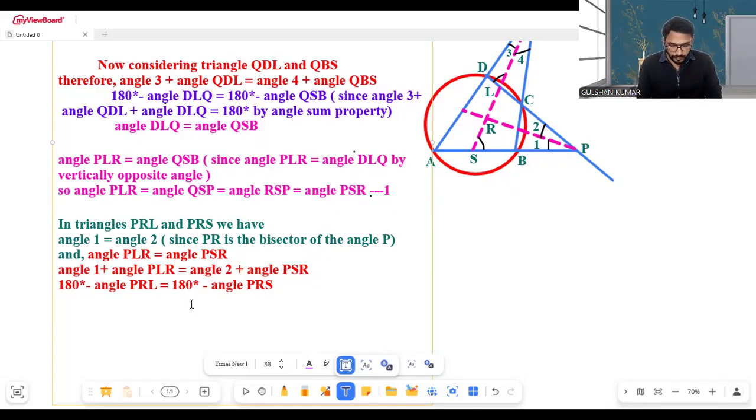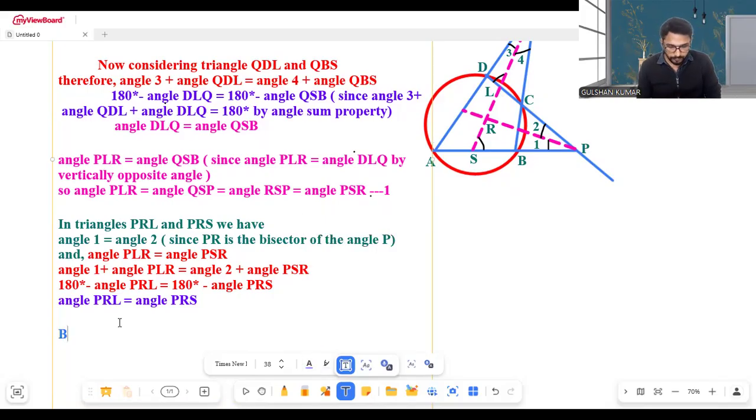Now this proves that angle PRL equals angle PRS. So these angles are equal.